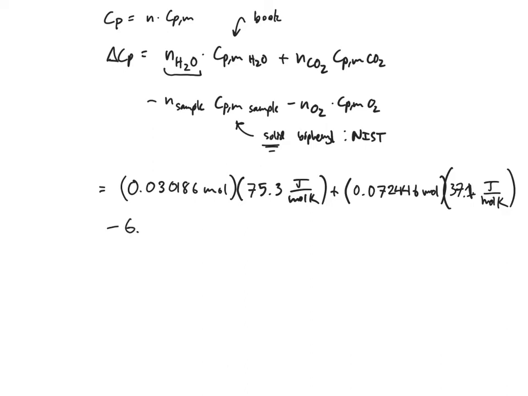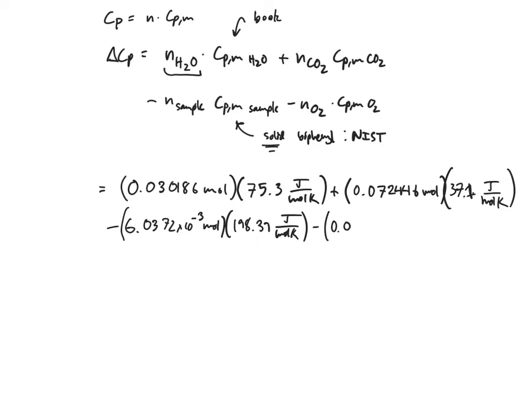Now I subtract 6.0372 times 10 to the negative 3 moles. That's the number of moles of my sample, multiplied times 198.39 joules per mole Kelvin. That was the value I looked up in the NIST website.